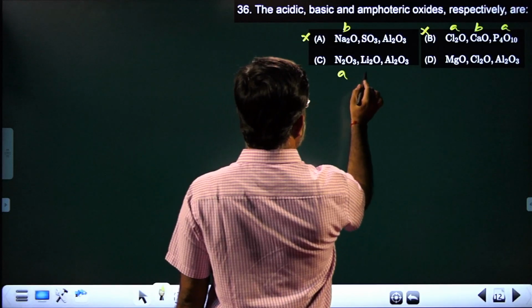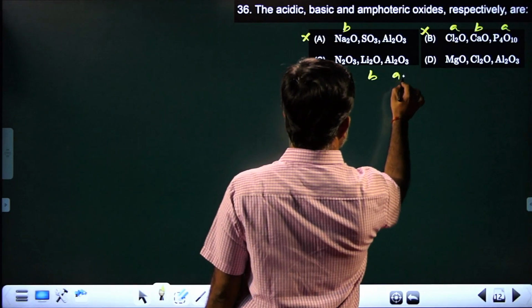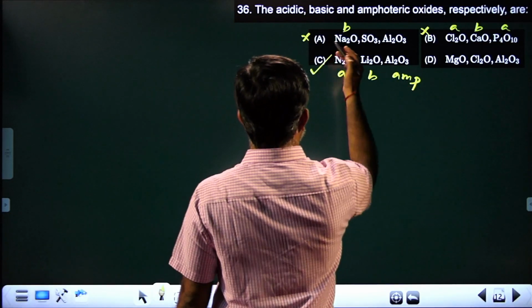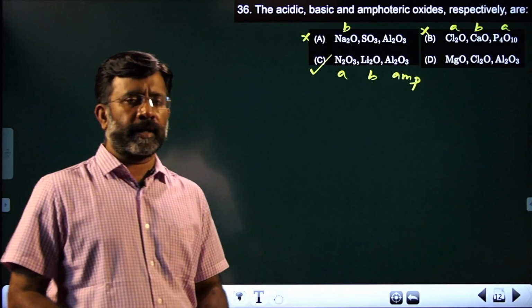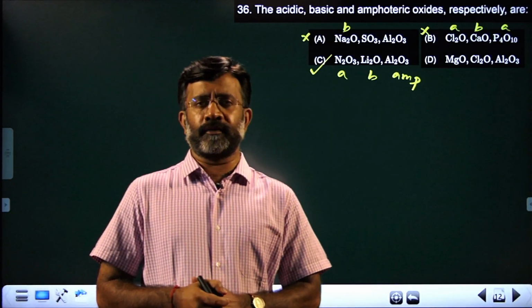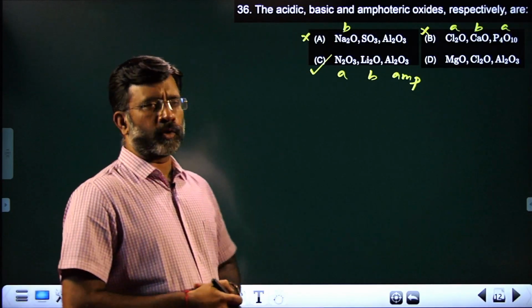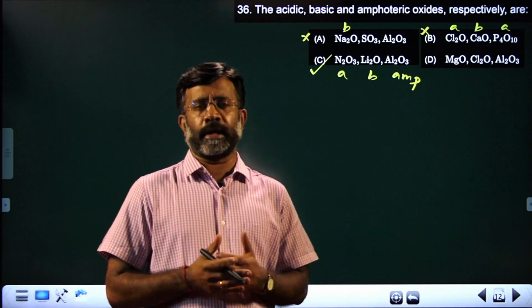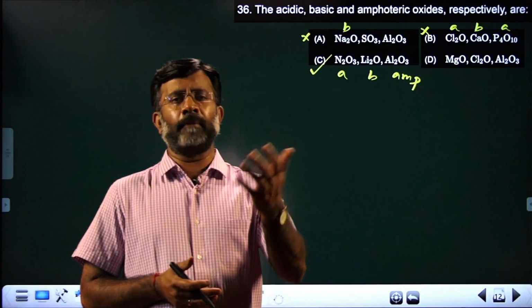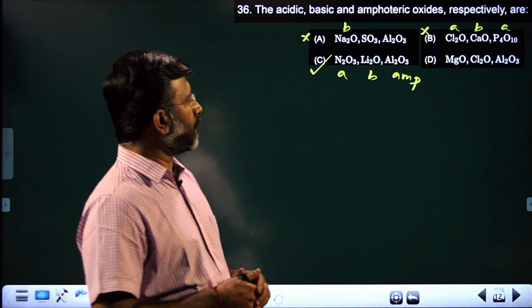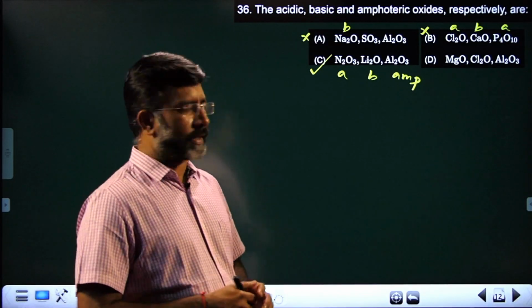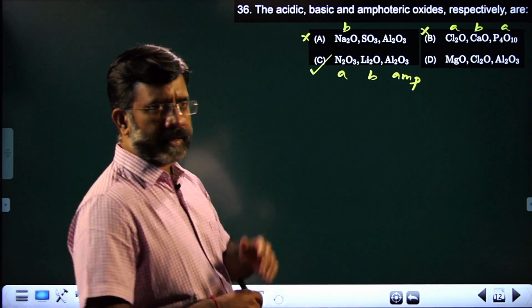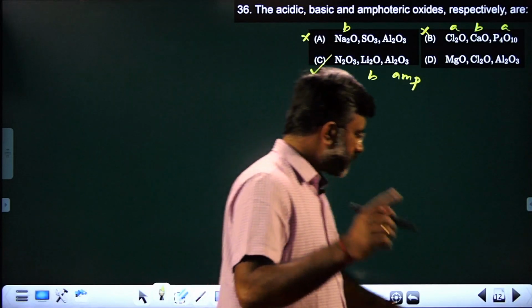This is acidic, this is basic, and this is amphoteric, and C is the correct answer. N2O3 is acidic, the anhydride of nitrous acid. Li2O is basic, and alumina, we know Al2O3 is amphoteric in nature. C is the correct answer. Next.